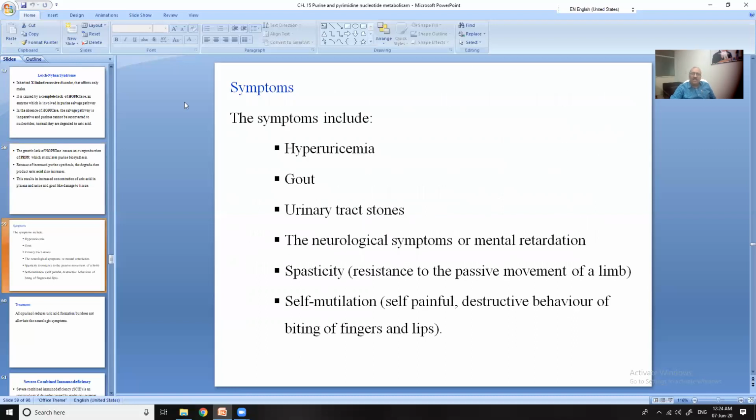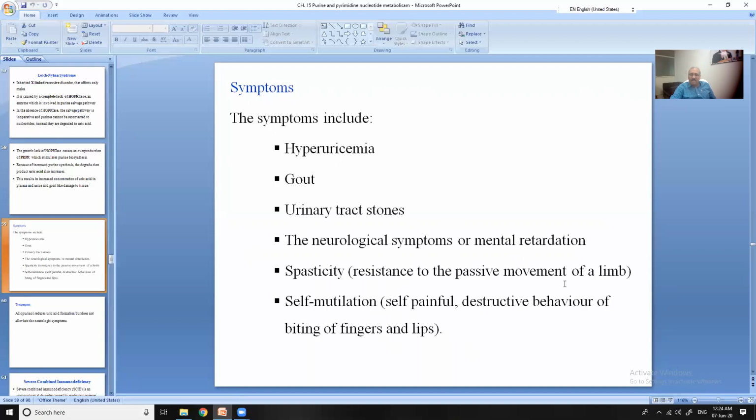The symptoms of Lesch-Nyhan syndrome are hyperuricemia, elevated uric acid in the blood; gout, deposition of sodium urate crystals in the joints; urinary tract stones; neurological symptoms or mental retardation; spasticity, which means resistance to the passive movement of a limb; and self-mutilation, a self-destructive behavior of biting of fingers and lips.